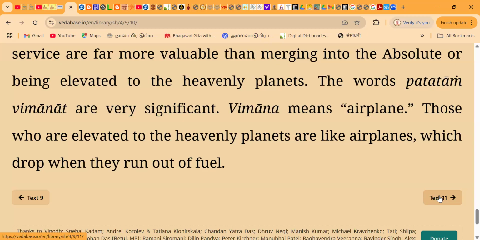So therefore, he was telling his Nandi, go fast, go fast, go fast. But Nandi became very tired. Then Lord Shiva took the Vahana of Brahmaji, that is Hamsa, and then he came to that place with great speed in order to not miss out a single word of the Srimad Bhagavatam.